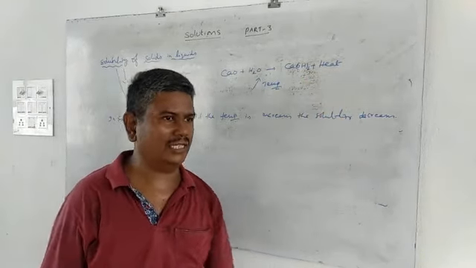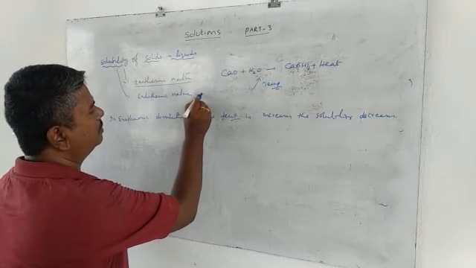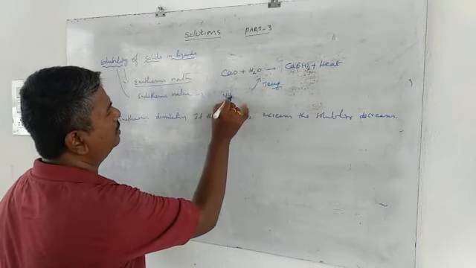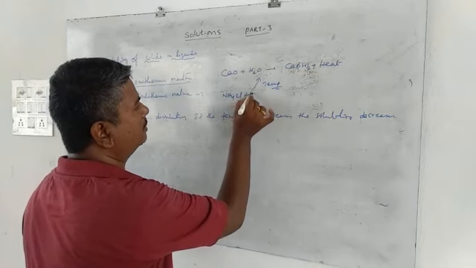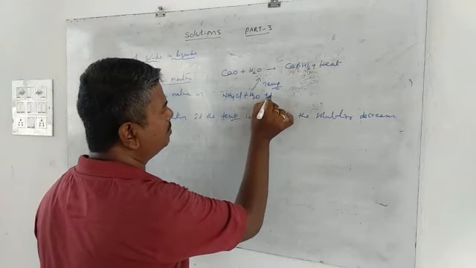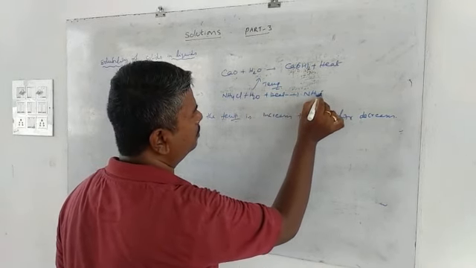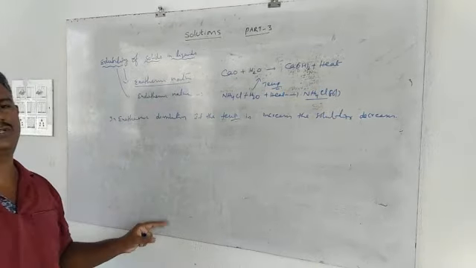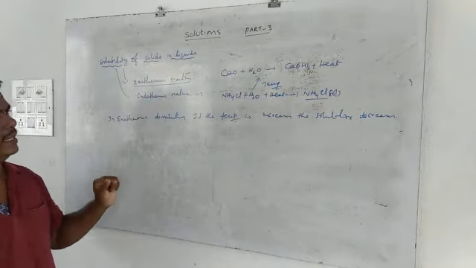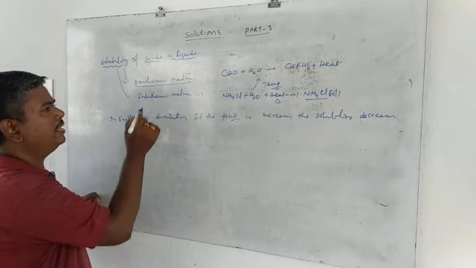Whereas in the case of an endothermic reaction, what happens? For example, when NH4Cl is dissolved in water, it absorbs heat energy and makes NH4Cl solution. Here heat is absorbed, so it is endothermic.